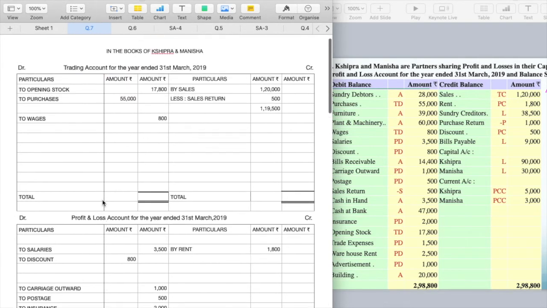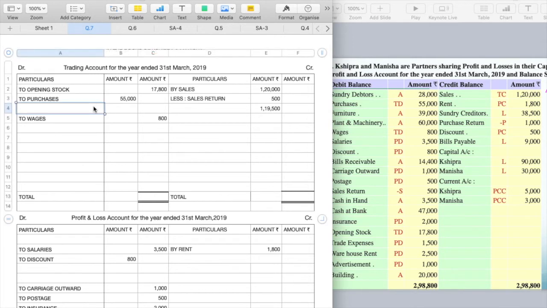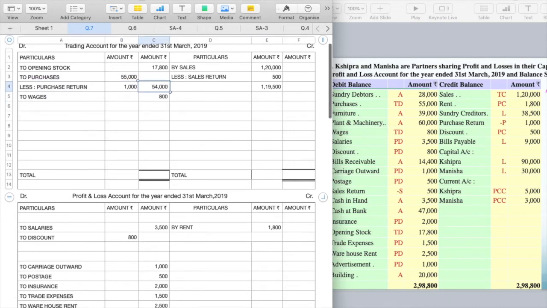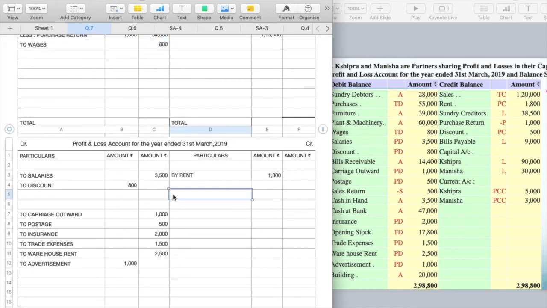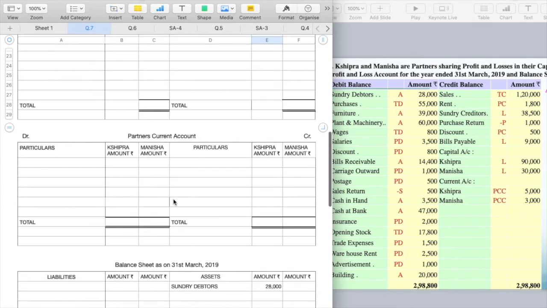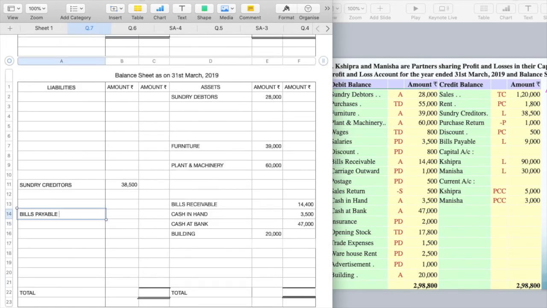Then purchase return, less from purchases, so less purchase return 1,000. So in the outer column the balance will be 54,000. Then discount, profit and loss account credit side, 'By discount', inner column 500, leave 2 lines. Then bills payable on the liability side, outer column 9,000 as there is no adjustment.